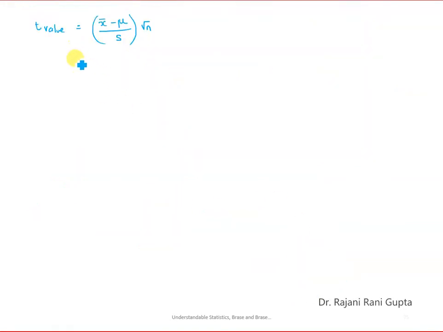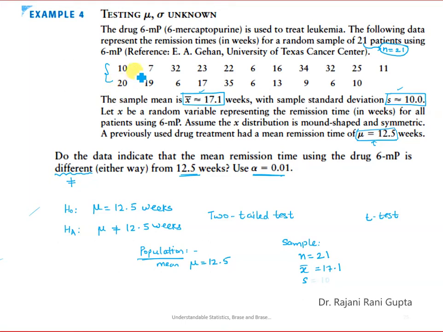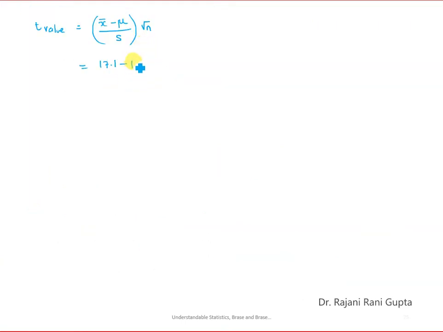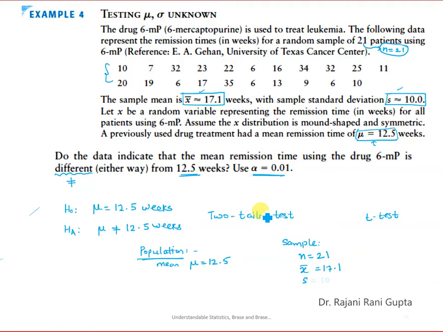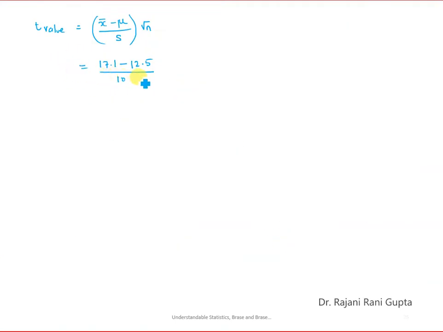X bar is 17.1 minus mu is 12.5, divided by s, which is 10, over square root of n, which is 21. When we do the calculation, this gives you the value 2.1. This is the t value.